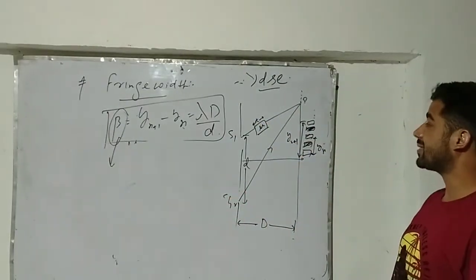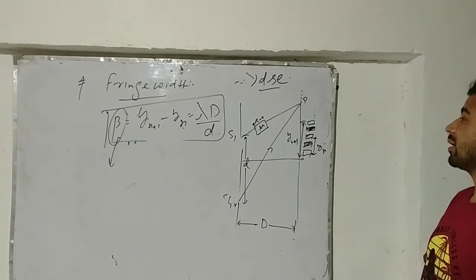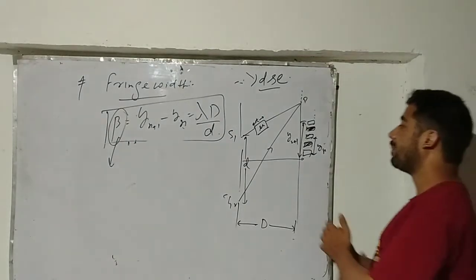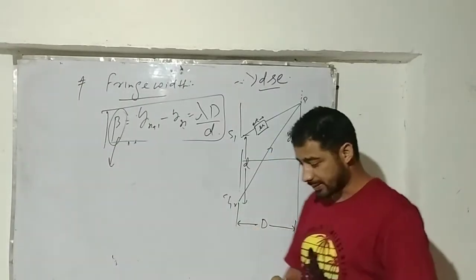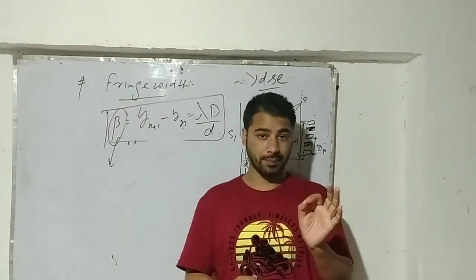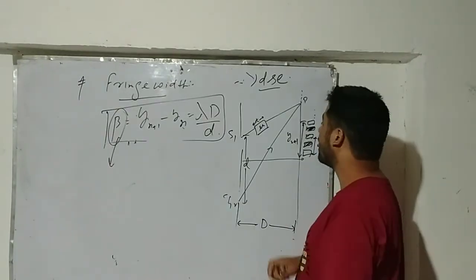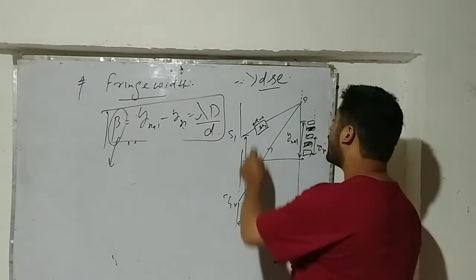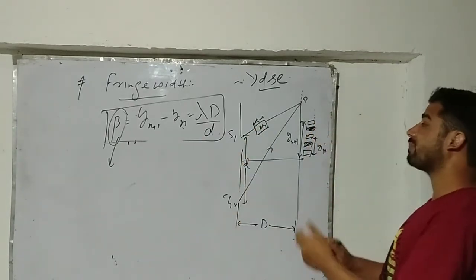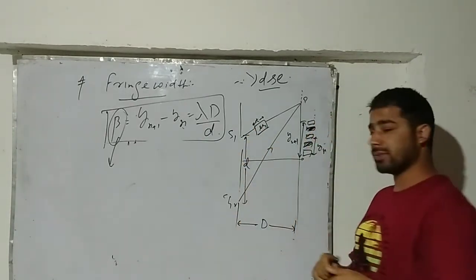Look, just focus on the given information here. I'm placing the slab here whose refractive index is given and whose thickness is given. If I use the glass slab, its refractive index I will represent with mu g. It has a thickness of T units. I'm placing this glass slab in front of the slit first.